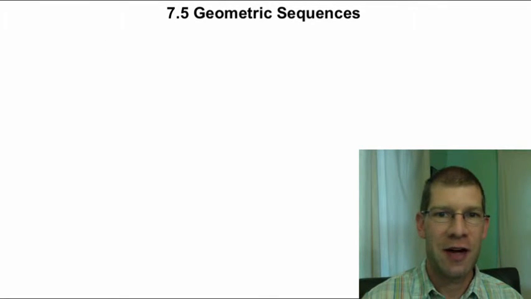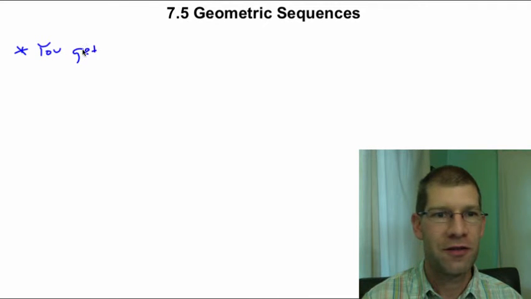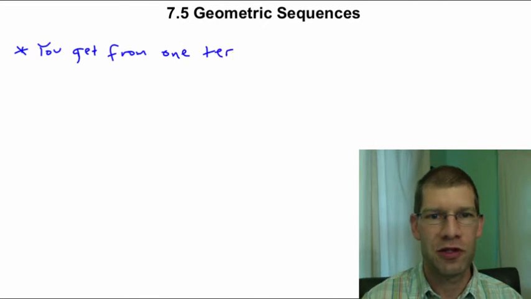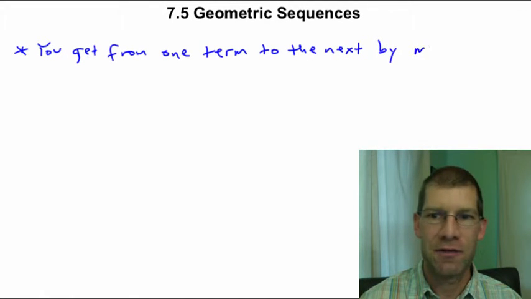In this section now, we're going to have a constant ratio. So for geometric sequences, you get from one term, which is just one number in the sequence, to the next by multiplying.